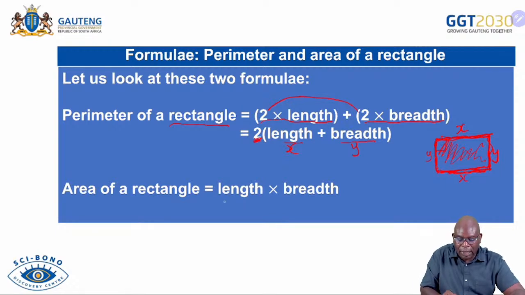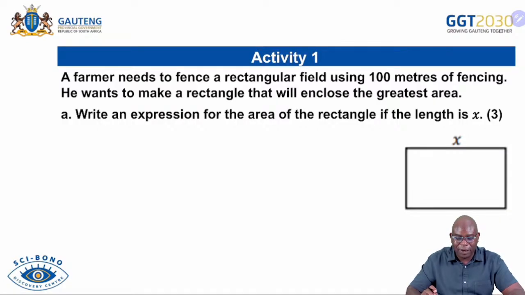Now the area will be the length multiplied by the breadth. In other words, I take the length, I multiply by the breadth, I get the area of a rectangle. We are going to be using some of this formula in there. In the first activity that we're going to be doing, we're exactly going to use what we talked about now.